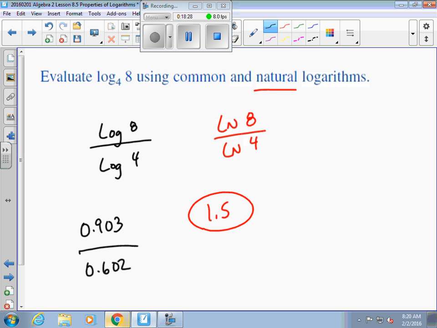When you do the same thing with the natural logs, you get very different numbers: the natural log of 8 is 2.079, that continues, and the natural log of 4 is 1.386, and that one continues. But when you divide them by each other, this becomes 1.5, and this becomes 1.5. So using the common or the natural log gets you to the same solution.